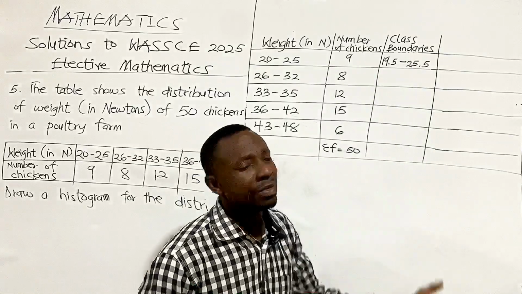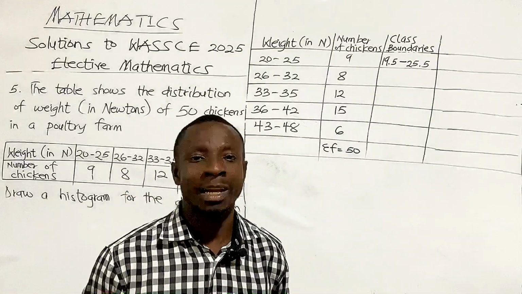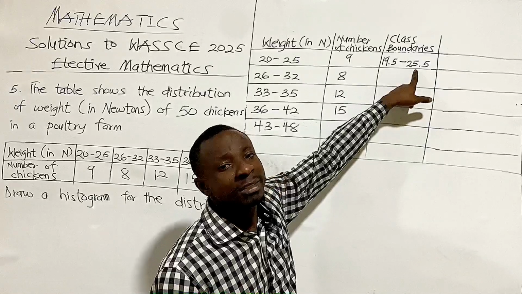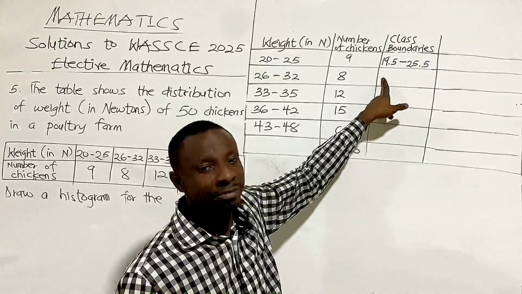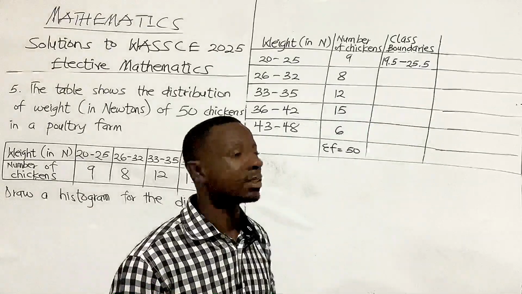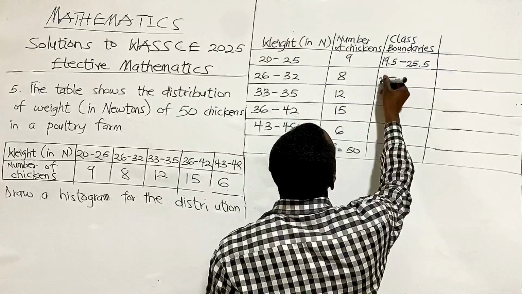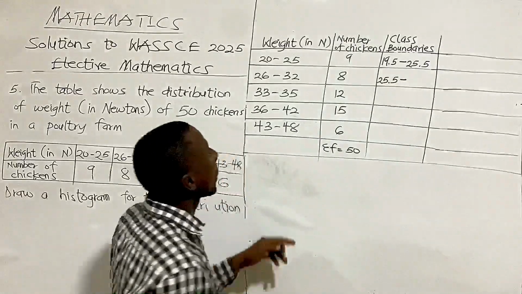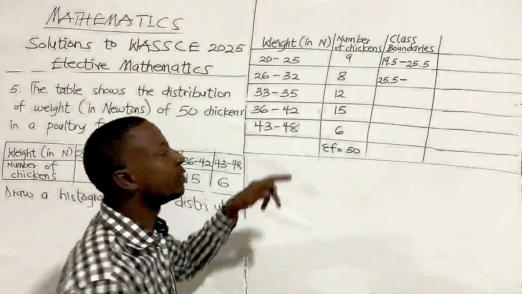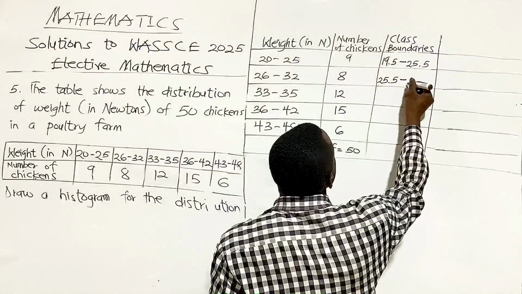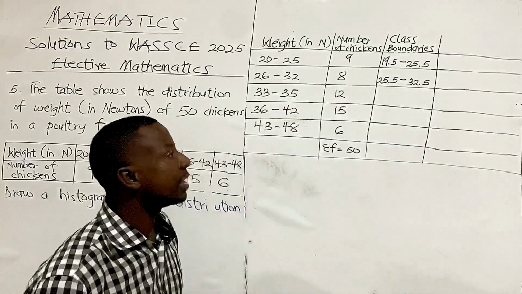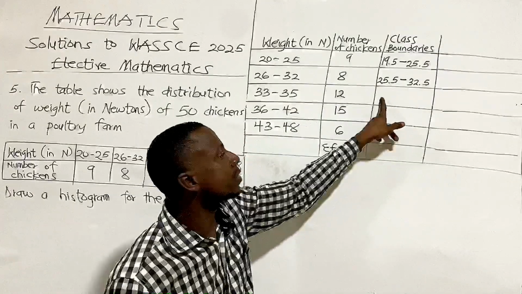Now there is something which is very interesting under the class boundaries. Any number that ends here will start from here, and it's a trend. So we have 25.5 to, then you just add 0.5 to the 32, making 32.5. So you could see that this 32.5 will also start here.